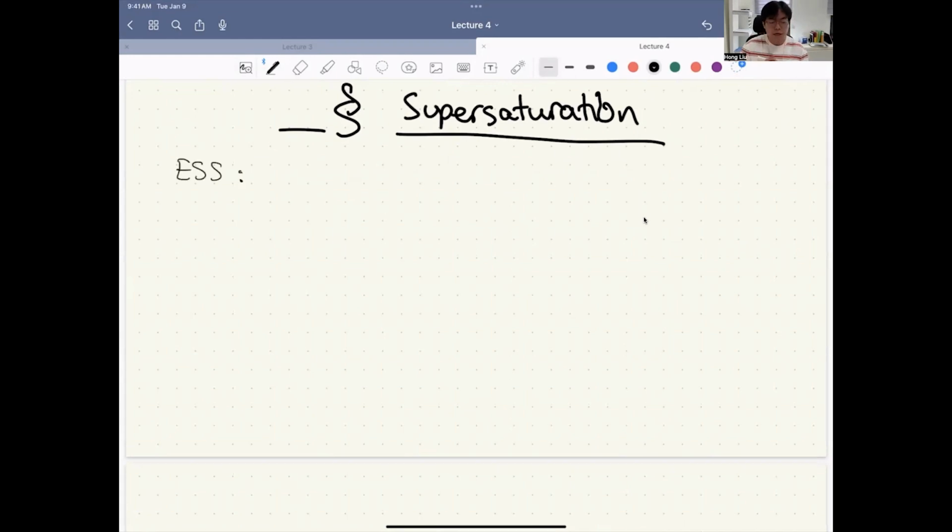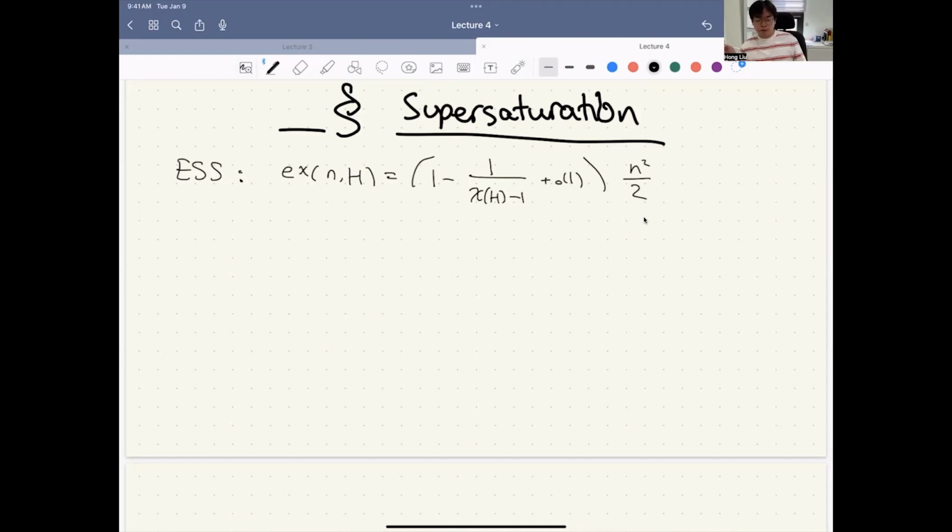What does it say? It says that, okay, you have this bound here.